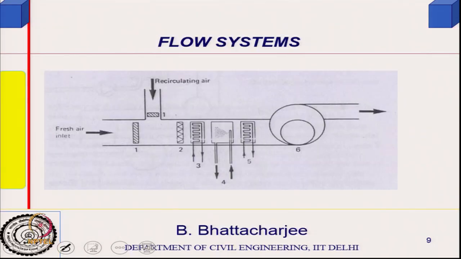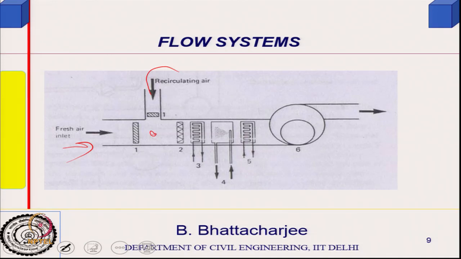Now, a system would look something like this. It would look very simple, like the simple cases. As I said, just to explain, I have some fresh air coming in, there is a filter. Some portion of it will be recycled air. They get mixed up together.